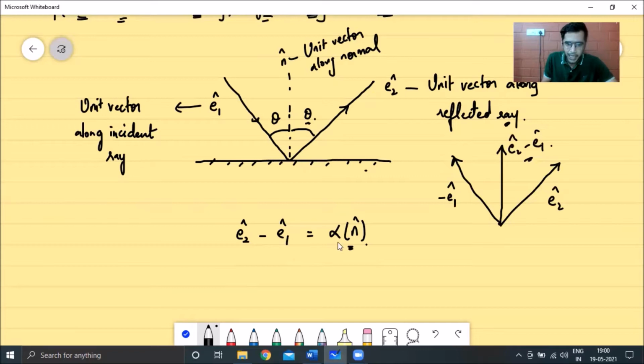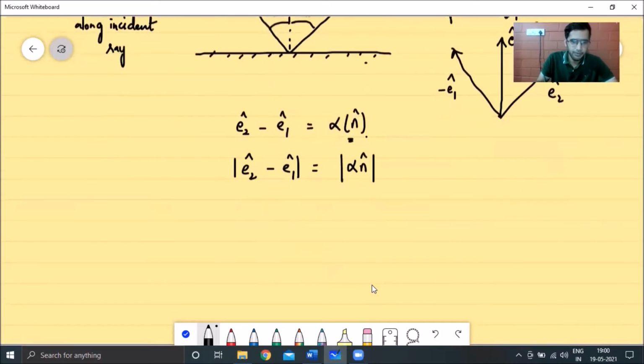And now let me take the magnitude of these two vectors. So your magnitude of E2 cap minus E1 cap should be equal to the magnitude of alpha n cap, right? And what will be the magnitude of E2 cap minus E1 cap?